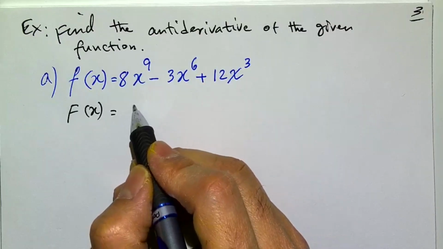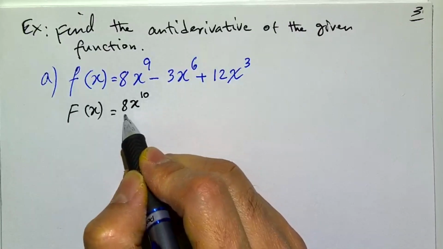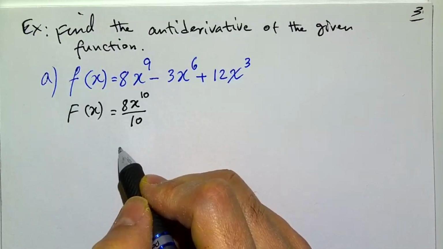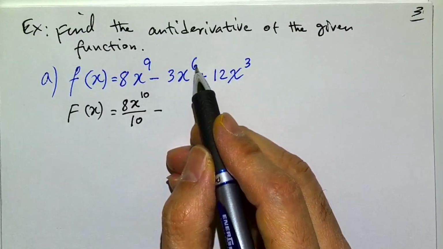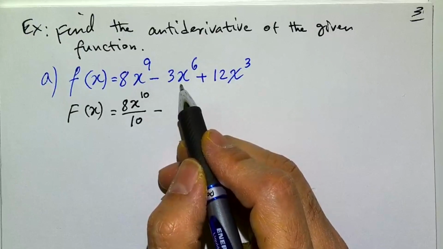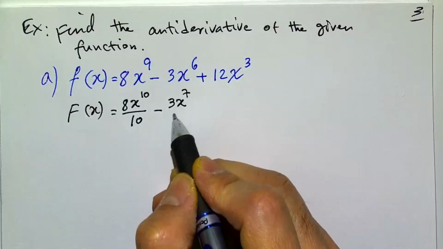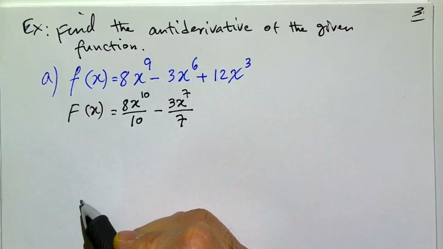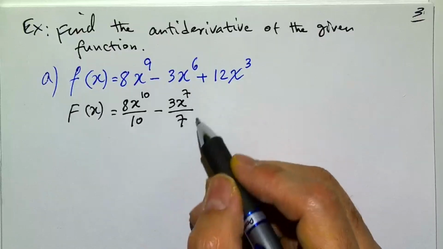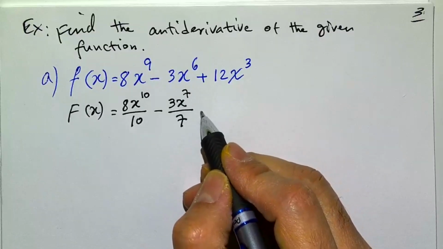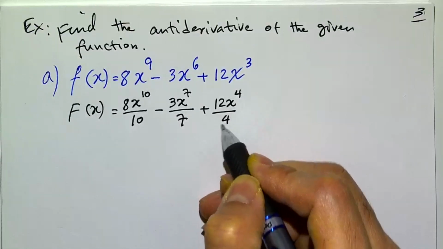So we have 8x to the 10th power divided by 10, like that. And minus, add 1 to that, divide the term by the new power, minus 3x to the 7th divided by 7, right? That's pretty straightforward, isn't it? Nothing complicated about this. So plus 12x to the 4th divided by 4.